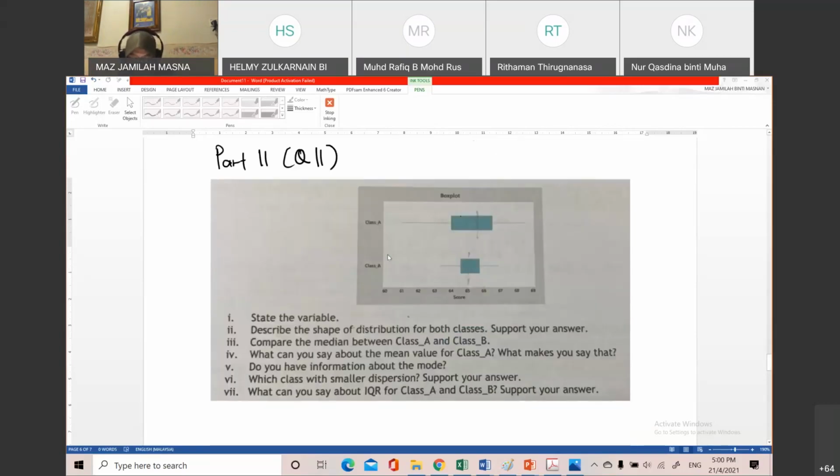Now, look at these two box plots. We have a box plot for class A and for class B. Can you tell me what is the variable involved in this particular question?